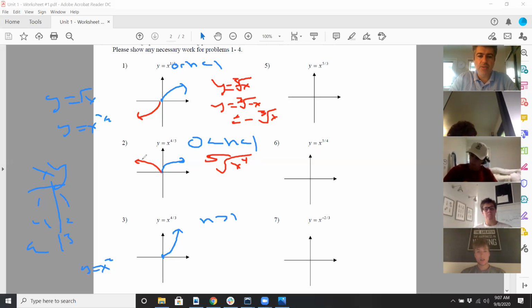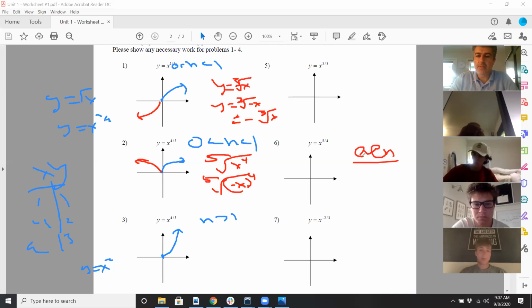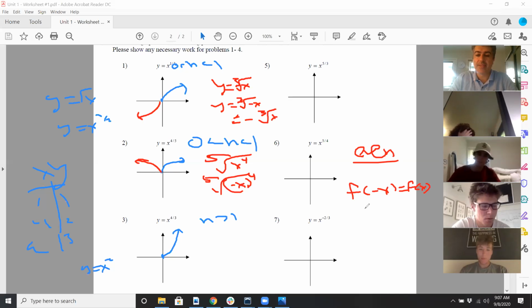So that's an even function. Plus, if you replace x with negative x and do the 4th power and then fifth root it, you get the same thing. Remember, even functions, we had this on the summer assignment, f of negative x equals f of x. So by switching the sign of the input, the output stays the same, you're going to get that y-axis symmetry.